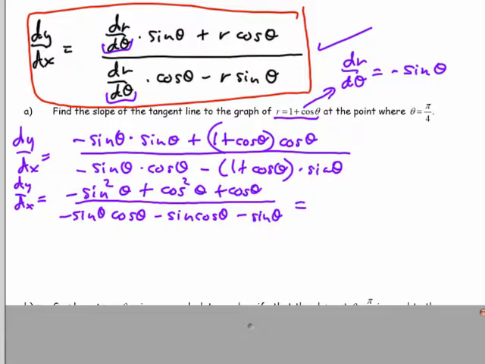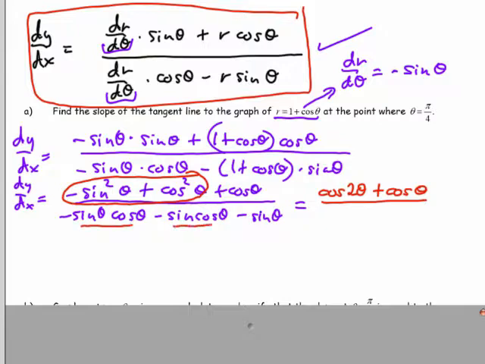And these two terms here, cosine squared minus sine squared, that's the identity for cosine 2 theta plus cos theta. And in the denominator we have two of these, which is negative 2 sine theta cos theta. And that's the identity for negative sine 2 theta minus sine theta.